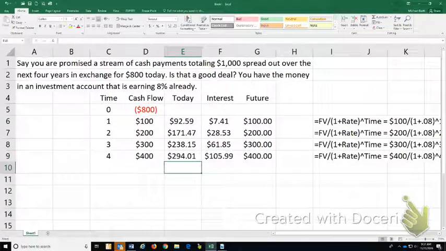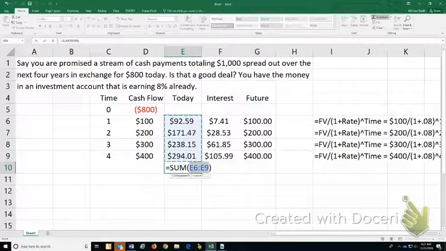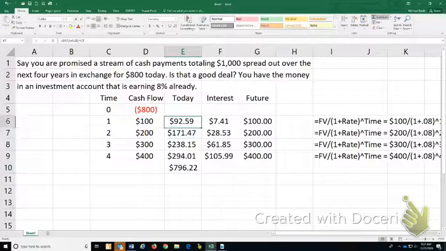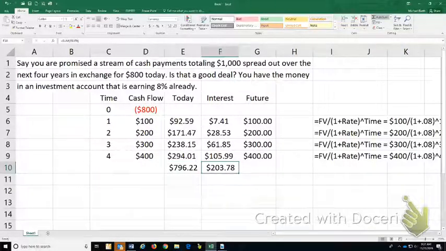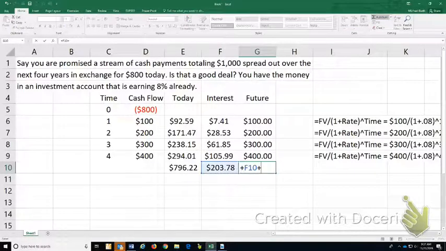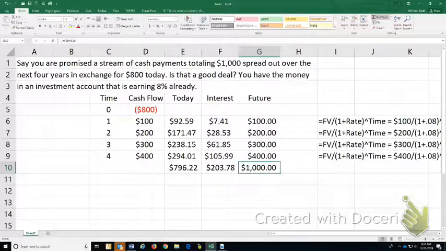So if I take the sum of these numbers, that's how much I'd have to start with today in order to be able to earn enough interest that between the amount I start with, $796.22, and the amount of interest I'd earn on that $796.22, I'd have $1,000 total. Okay?